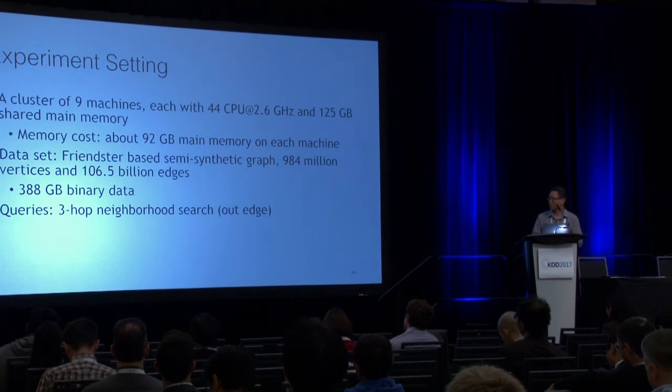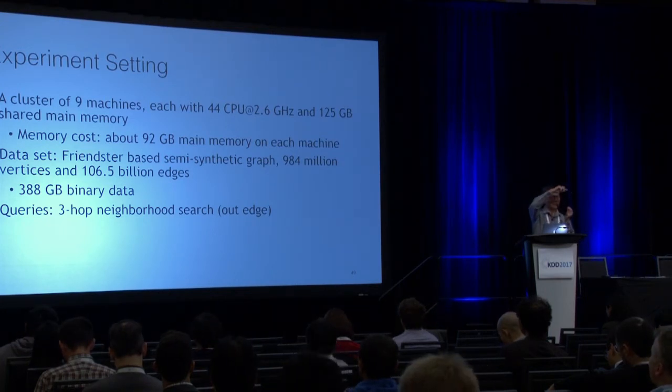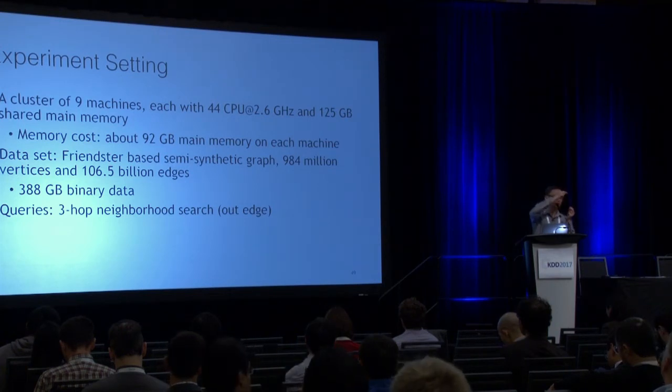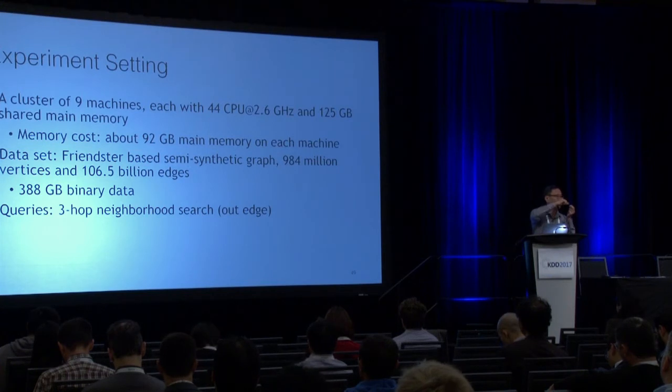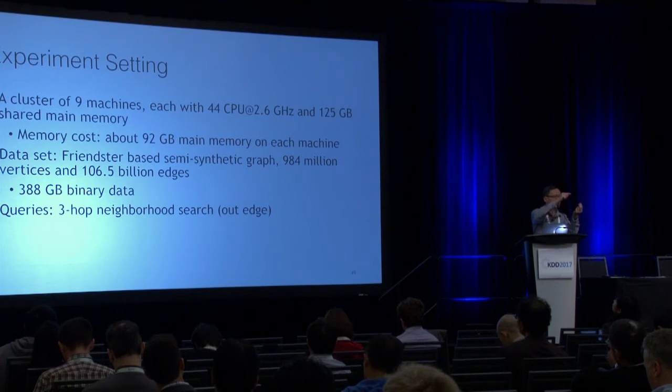Okay. And what we do is a 3-hop neighborhood search. Essentially, we randomly pick a node and return all the nodes within 3 hops from this node. Okay, if there is a path, say, I have a node Q, and a path between V and Q, say Q, V1, V2, V, then this V should be in.